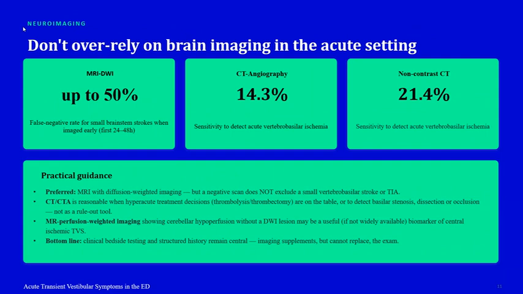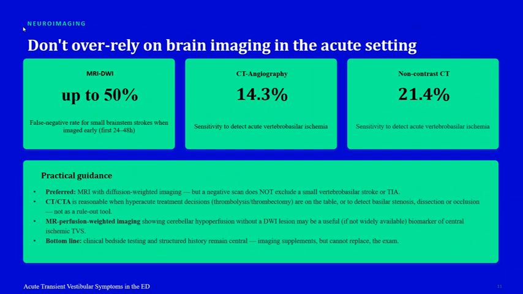MRI diffusion weighted imaging in up to 50% of patients is falsely negative for small brainstem strokes, especially when imaged early, within the first 24 to 48 hours. CT angiography sensitivity is 14.3% to detect acute vertebrobasilar ischemia. Non-contrast CT has a sensitivity of 21.4%.